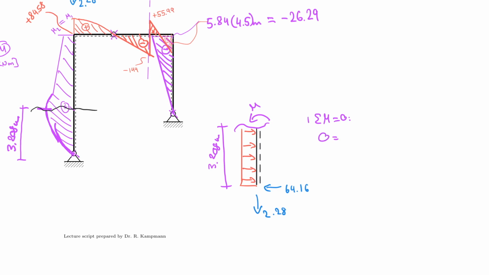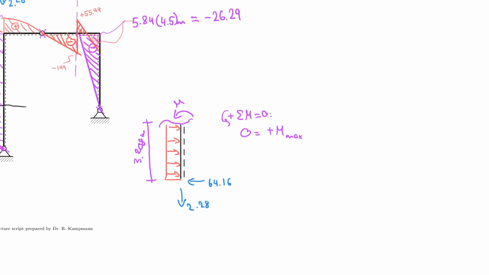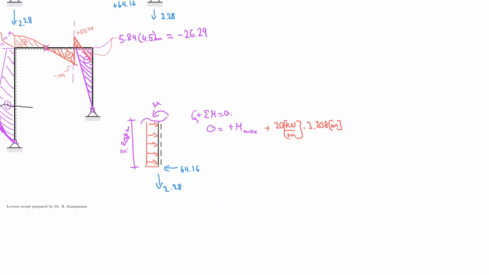And 0 is equal to minus M. No, it's plus M max, plus 20 kilonewton per meter multiplied by 3.208 meters, and now multiplied by 3.208 divided by 2 meters.